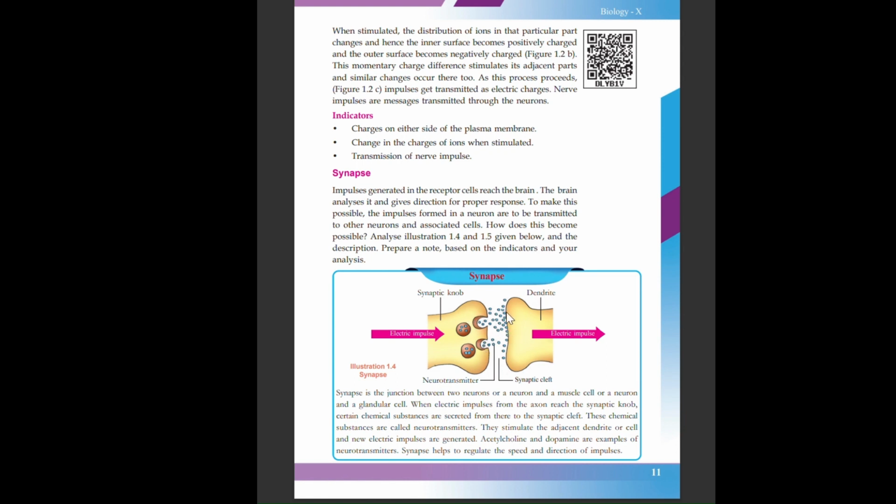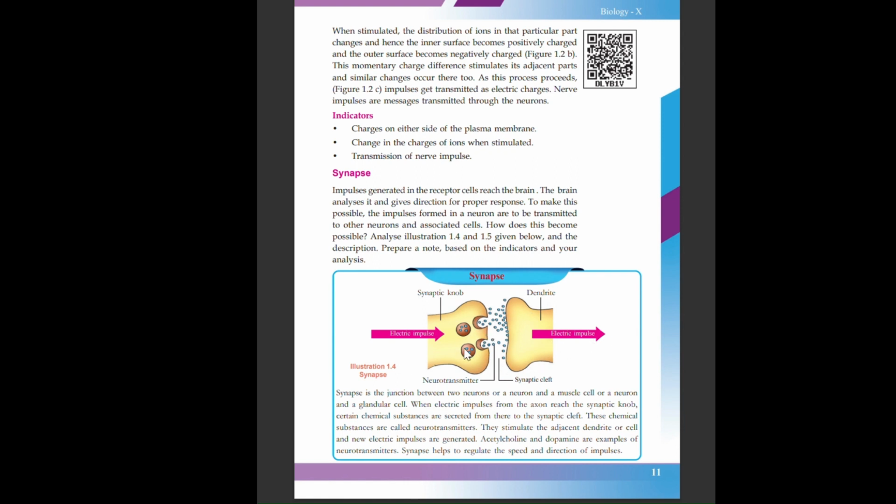Dendrites are like flappy, hairy things which have receptors. The neurotransmitter goes and attaches to that receptor, and it stimulates the adjacent neuron.